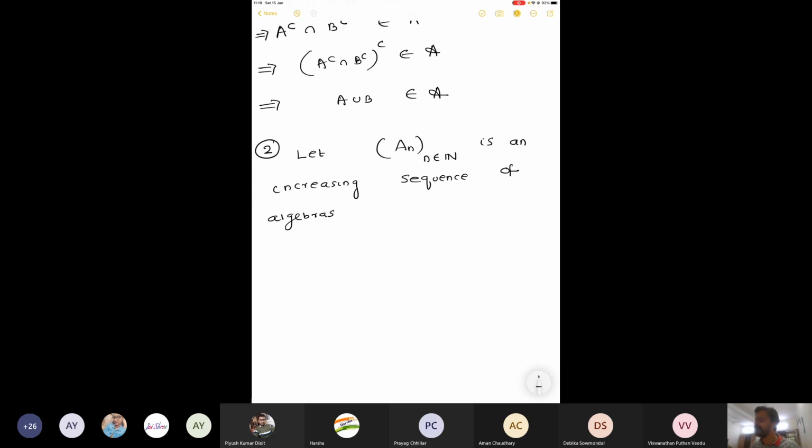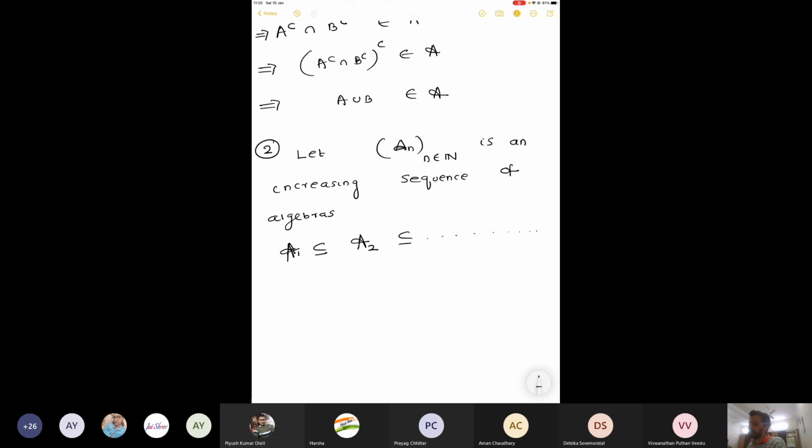You should decipher the word increasing. Increasing means A1 is contained in A2 is contained in and so on.